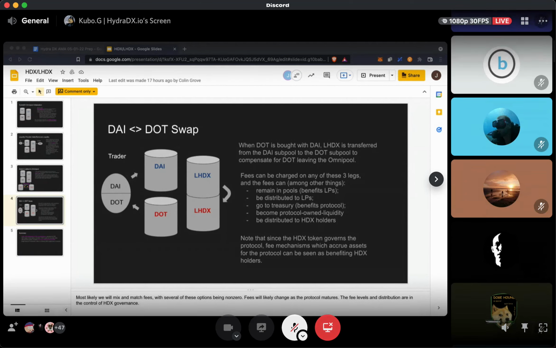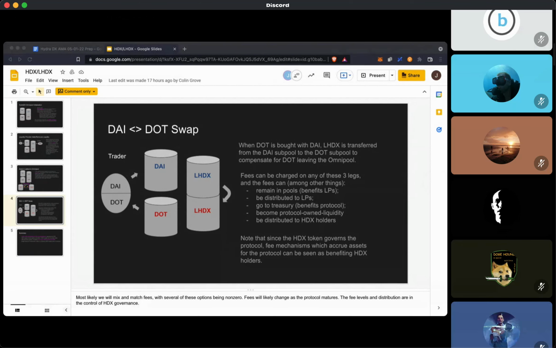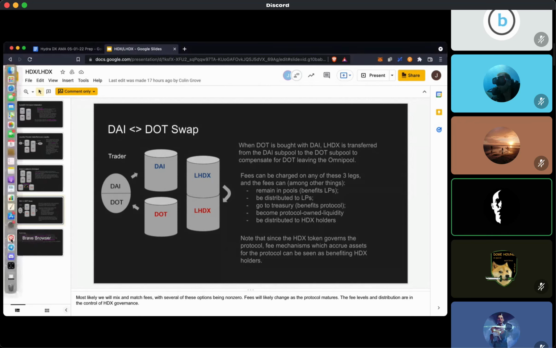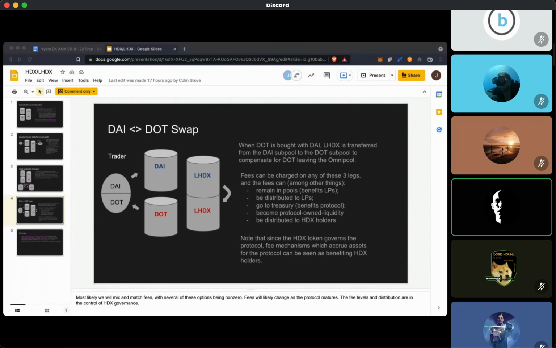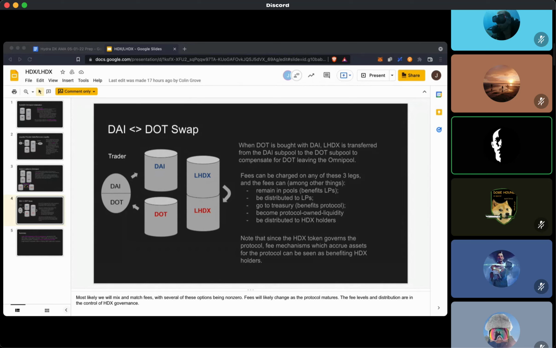You're good now? Okay. Yeah, I think you summarized the swap idea well. In particular, what I would look at is the fact that HDX token holders can vote to divert some fees from one of these legs to HDX token holders. That's the ultimate setup of the system: both the LHDX and HDX system is governed by HDX holders.